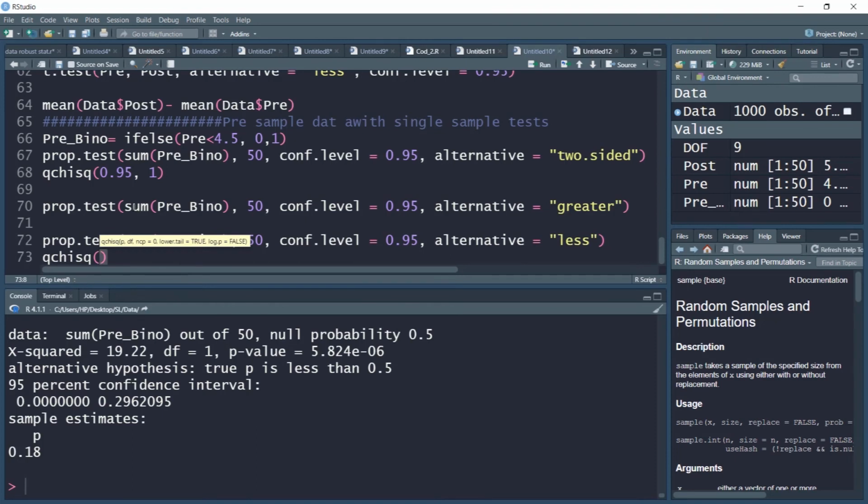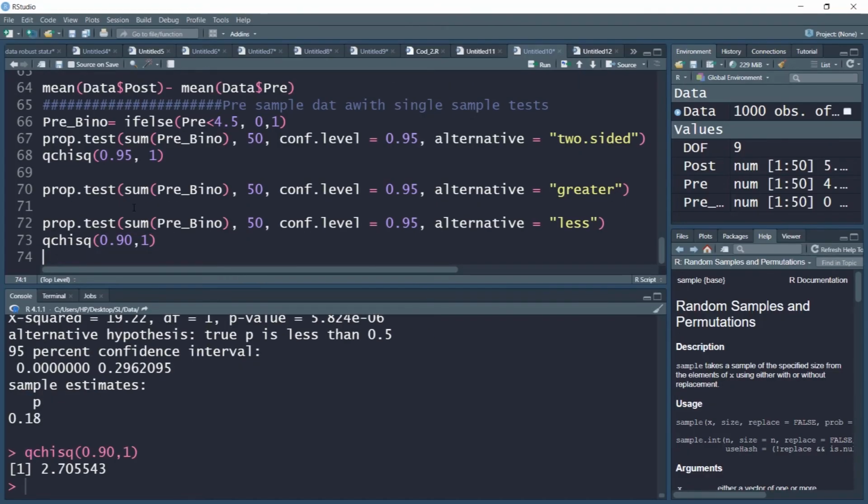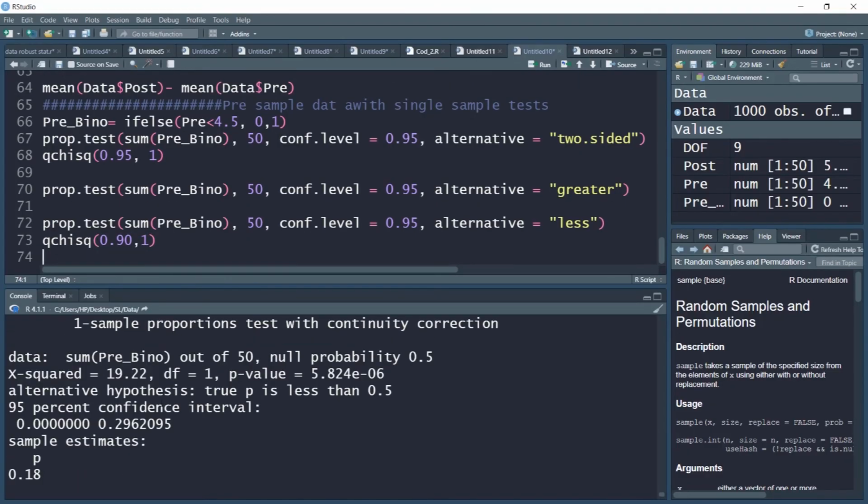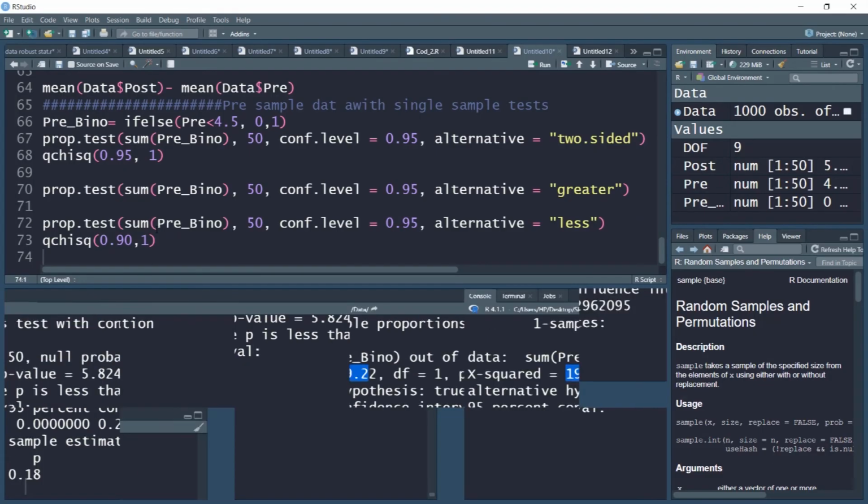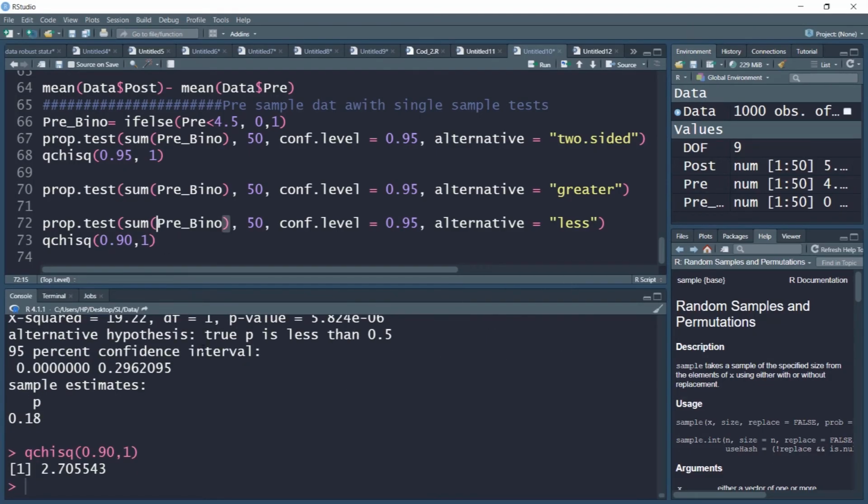Since it is a single tail test, I'll put the argument as 0.90 comma 1, and I'll have it is 2.70, which is again much less than 19.22. So with a lot of confidence I can say that it is less than 1. Again, if it was two tail test I would have provided 95. Since it is single tail test I am considering 0.90.